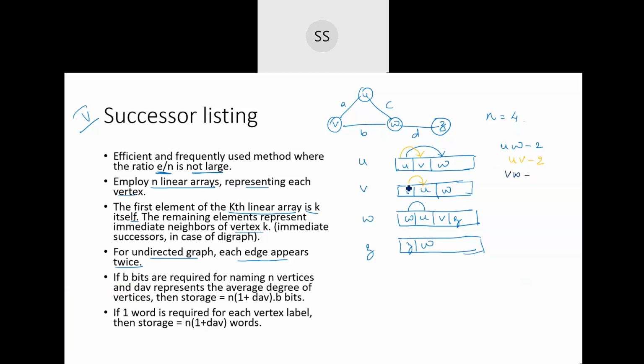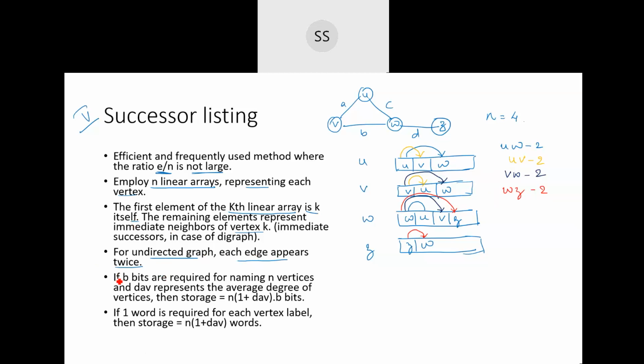You have VW here. So I can say 2. Now which is the next one that I'm left with? I'm left with WZ. So I have to see WZ here and ZW here. So I can say 2. So in the case of an undirected graph, each edge is said to appear twice.